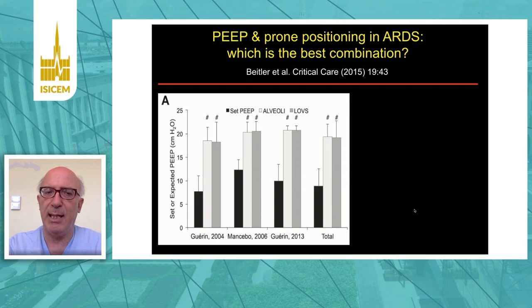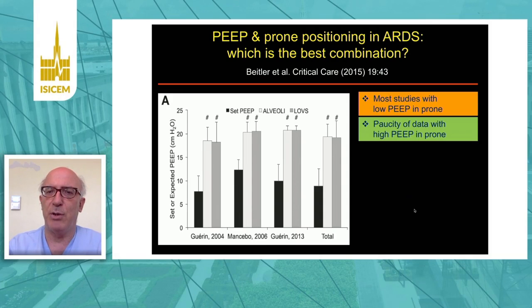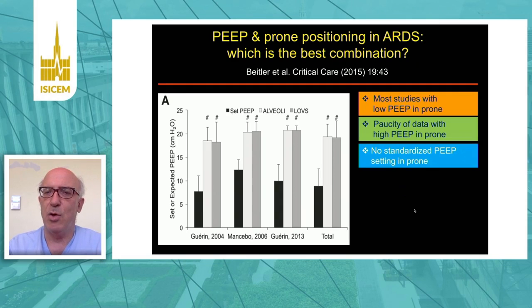As you can see here, the PEEP set in the prone studies was much lower as compared to the higher level of PEEP that has been recommended in more severe ARDS. So most studies with low PEEP were used in prone position. There was a paucity of data with high PEEP in prone. There is no standardized PEEP setting in prone position.